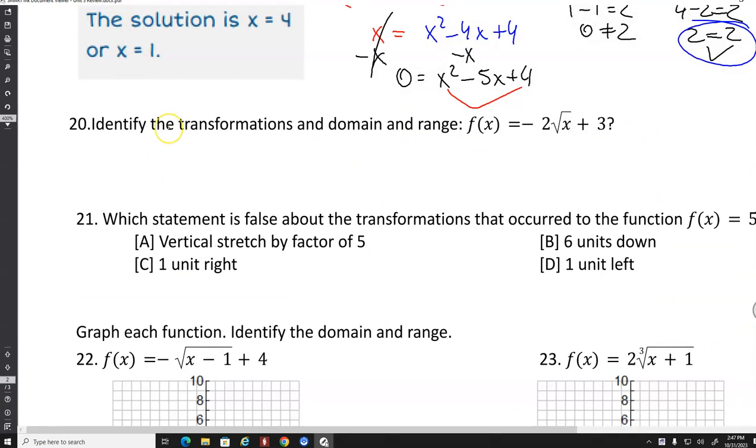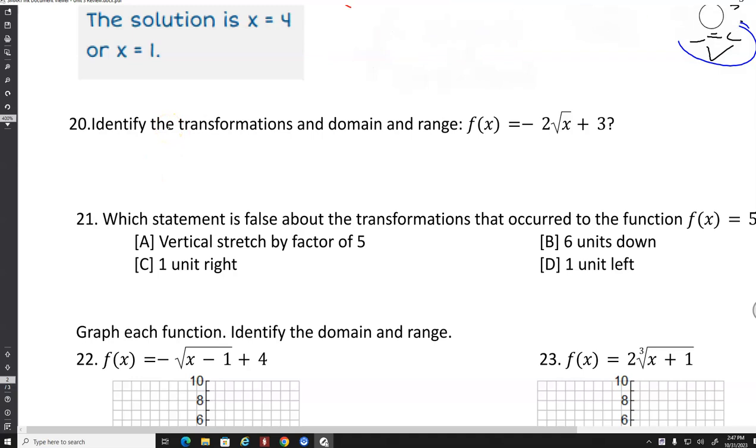All right, question 20. It's asking to identify transformations. Again, you guys can plug it into Desmos and check how the function behaves. But the outside negative would be a reflection over the x-axis.